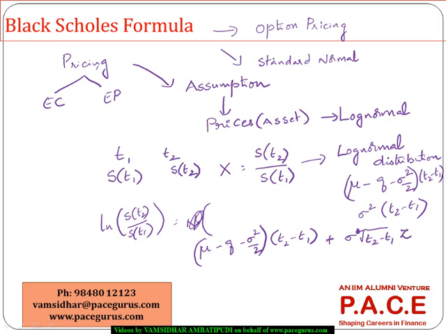Because if you remember, any normal variable, I can write it in the form of standard normal variable using mu plus sigma Z. Now mu in that case is this one, and sigma squared in the case is this one. So sigma will become sigma times square root of T2 minus T1.